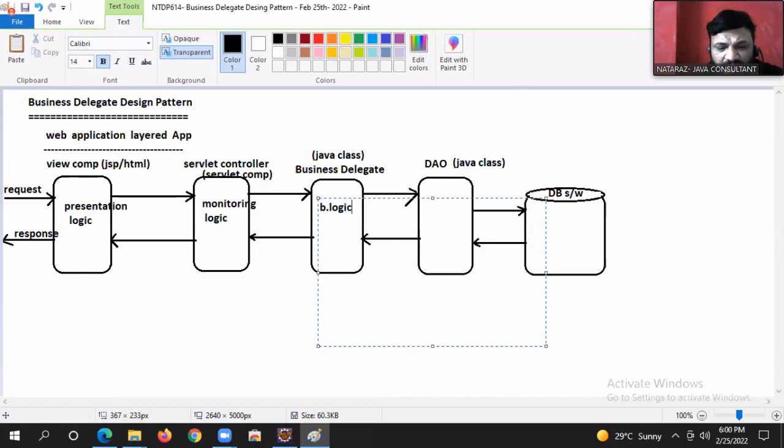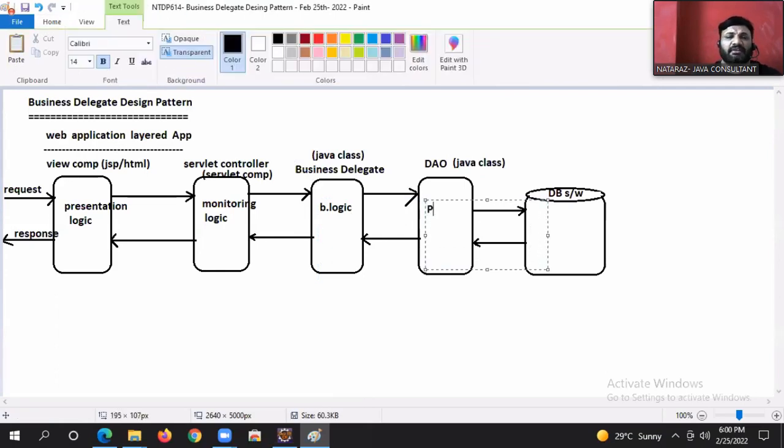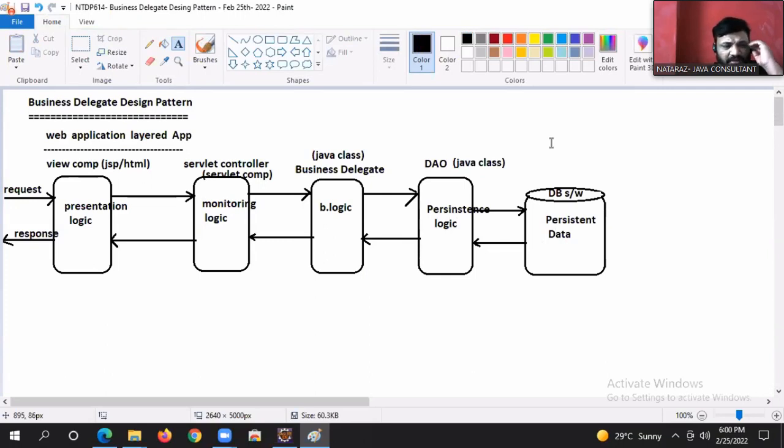Simply, this logic is called business logic. And this is called persistence logic. Here is my persistence data.